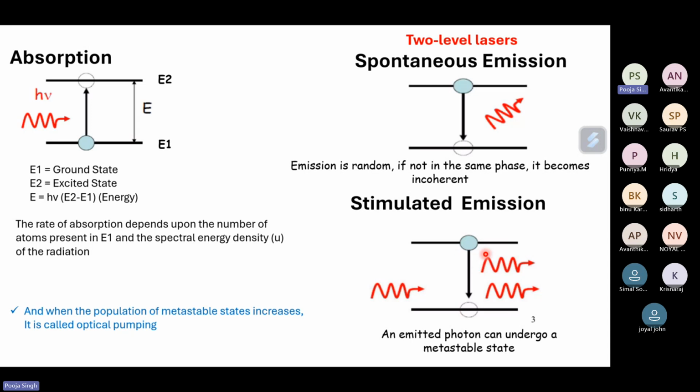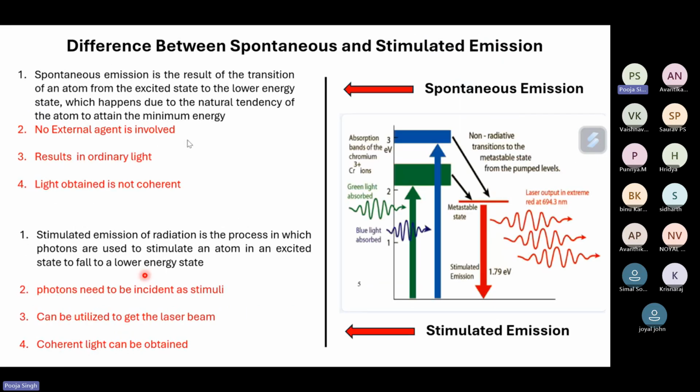In order to produce this high beam, your excited state electrons also should be higher; that we call population inversion. And also pumping, which we call optical pumping of the laser, in the principle of stimulated emission.